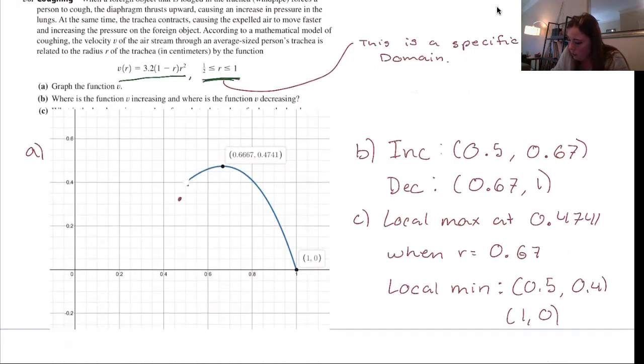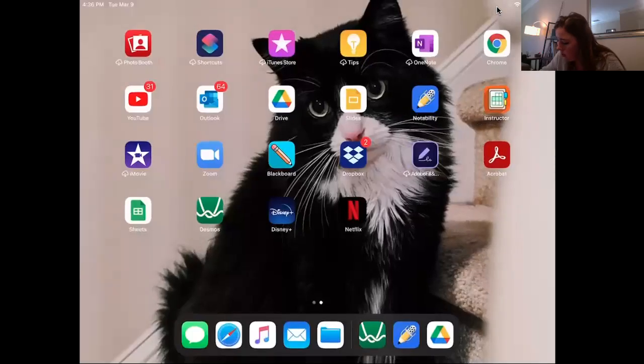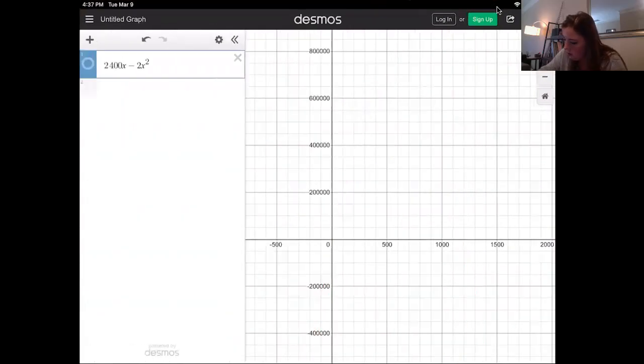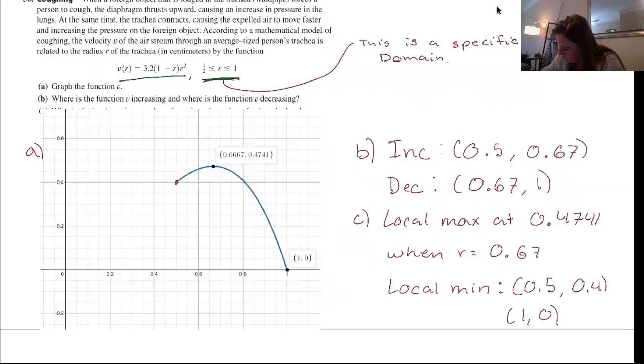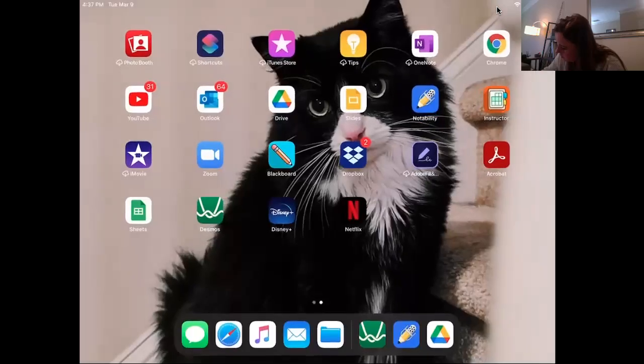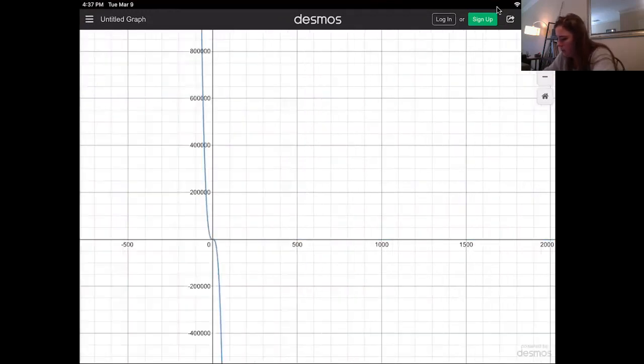So when I graph my function, it's going to look something like this, just this little bit of it. A lot of you were giving me the whole entire graph. What is the equation again? 3.2 times 1 minus r, we'll say x squared. And a lot of you were showing me something like this.